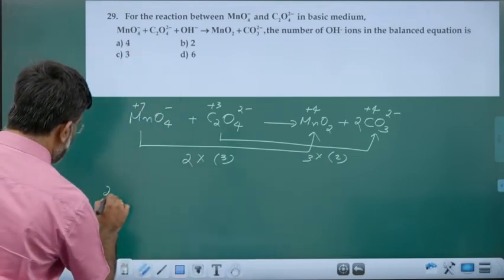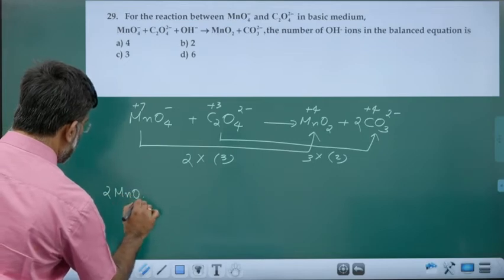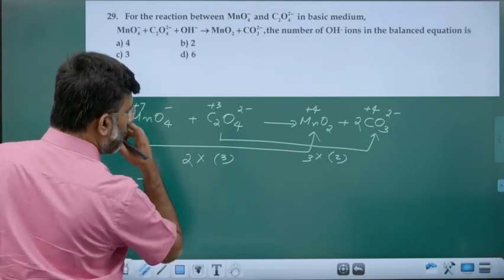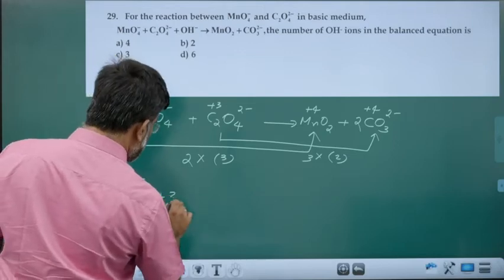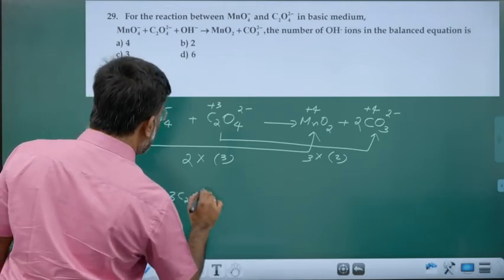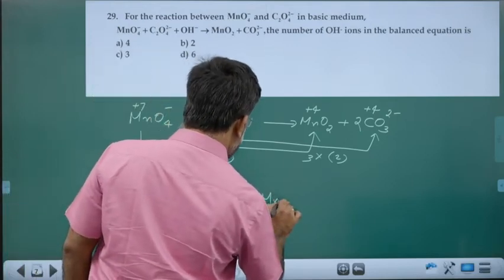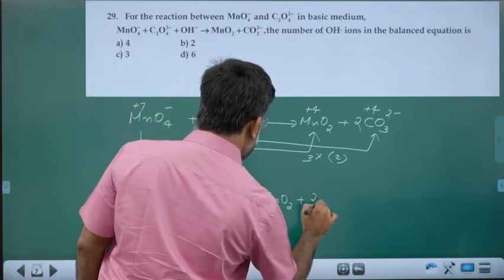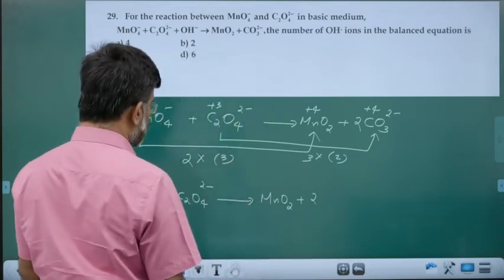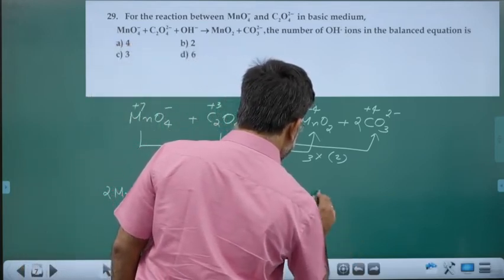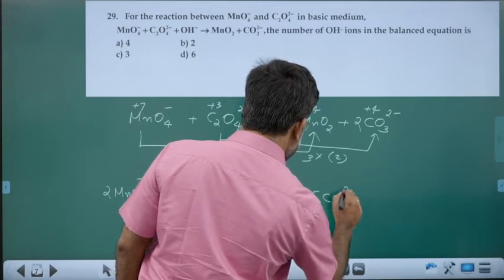You will be getting 2 MnO4 minus plus 3 C2O4 2 minus gives you 2 MnO2 plus 3 into 2, 6 CO3 2 minus.